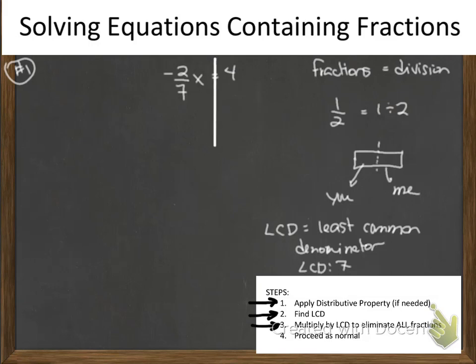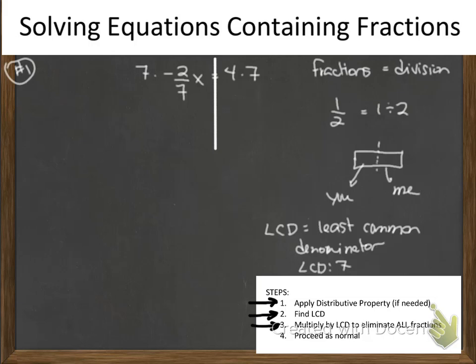If you recall from my previous videos, I always like to draw that vertical line there. So we're multiplying this side by 7, and we're multiplying this by 7. Now, some people get a little bit confused, and want to do 7 times -2, which is -14, and then 7 times 7, which is 49. They get confused, and rightly so. 7 is the numerator.